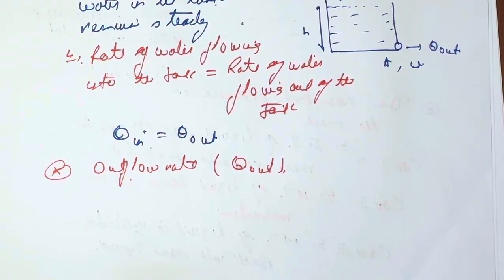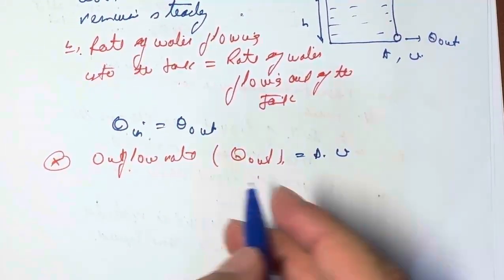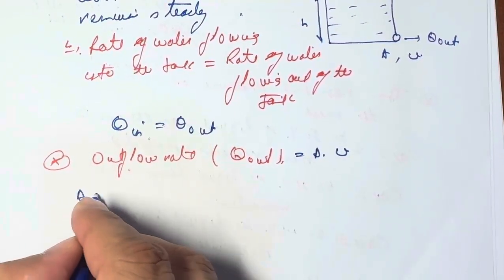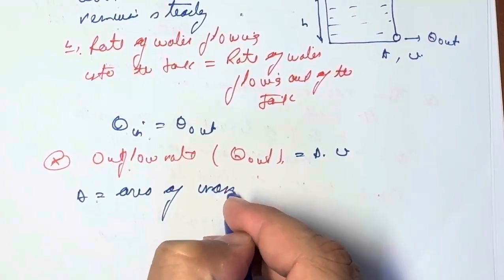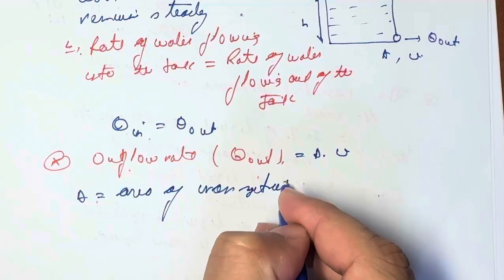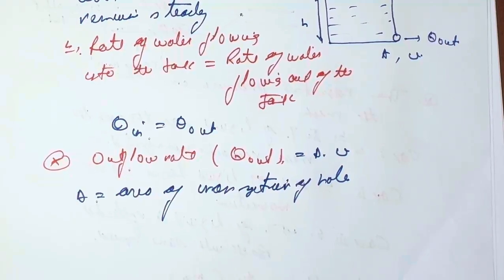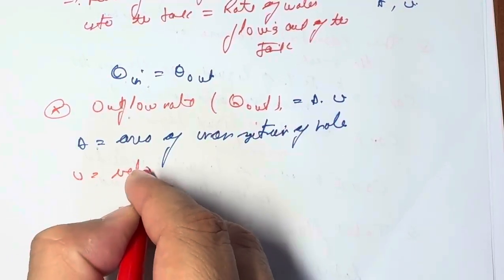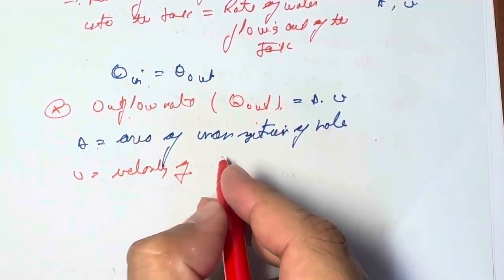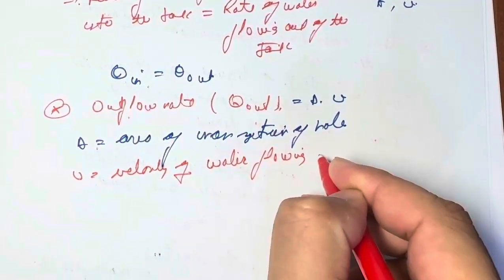And this q out we can write as area multiplied by the velocity v, where a is the area of cross section of the hole, and v is the velocity of the water flowing out of the hole.